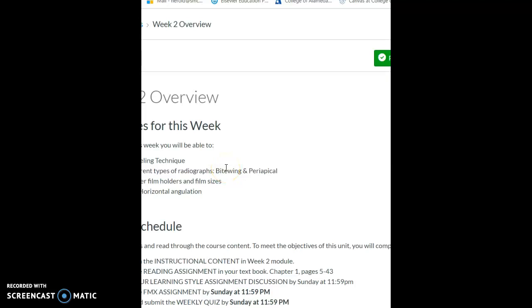You'll also be able to identify which film size to use for each film and which film holder to use. And the last thing that we'll discuss is vertical and horizontal angulation of the tube head or the cone, so you know which way to point the tube head at the patient's face to take the particular x-ray.